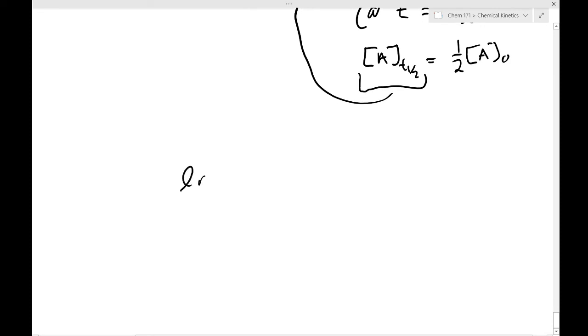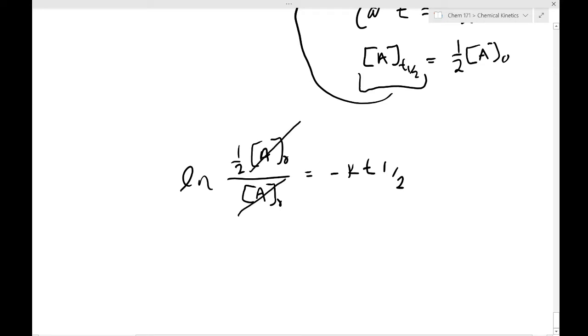So now we have the natural log of 1/2 A sub naught divided by A sub naught is equal to negative k times t1/2. That's now the half-life. The nice thing that happens here is that these both cancel out, so we're left with the natural log of 1/2 on this side equal to negative k t1/2.